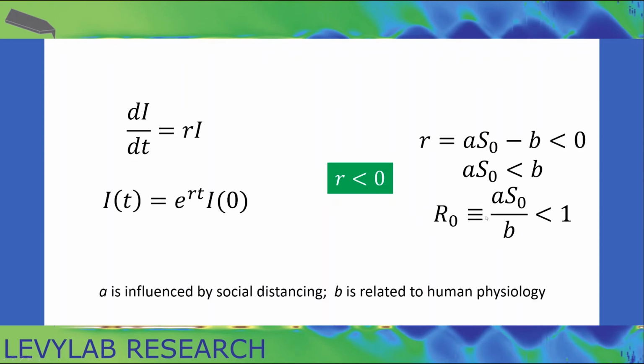The point is that these parameters, well, S naught is really the population of your community, whatever you're considering. A is a parameter which is influenced by things like social distancing, or whether you are packed into a subway car, or whether you once a year at the unfortunate time happen to be in a crowd on Bourbon Street.